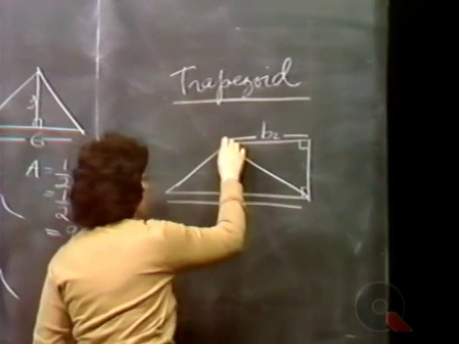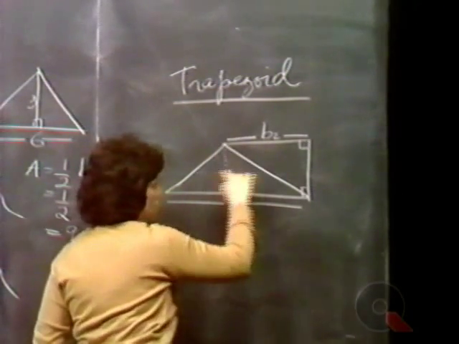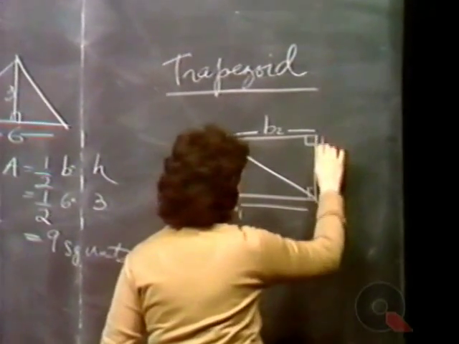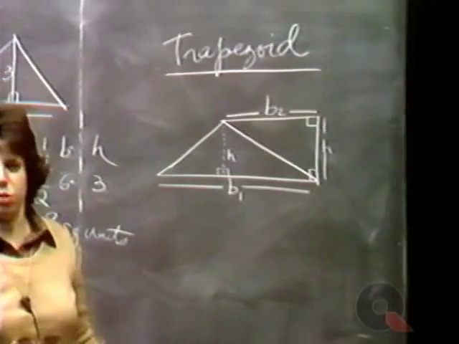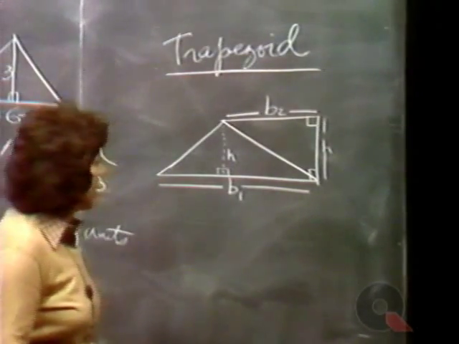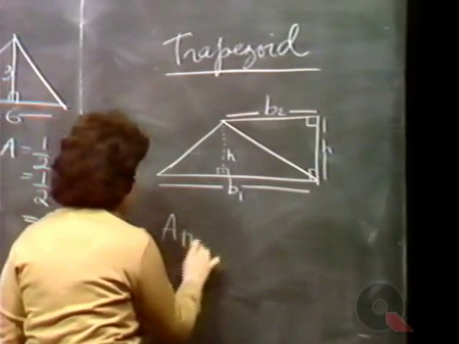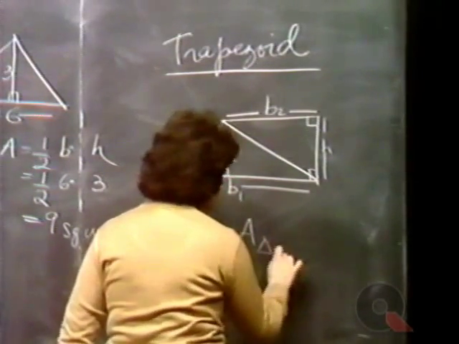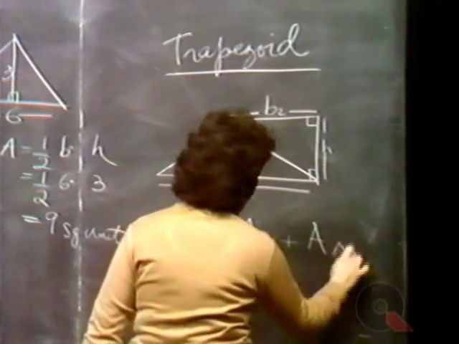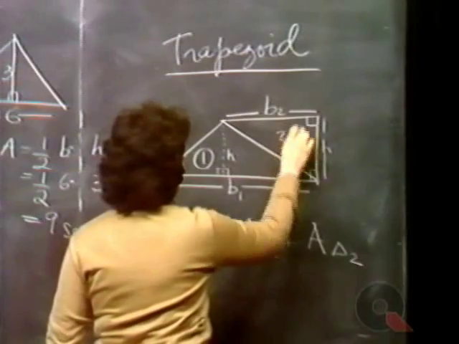The height of this triangle is H, which of course is the same as the height of this triangle, since these sides are parallel and therefore the same distance apart. So we have 2 triangles. The area of the trapezoid is equal to the area of triangle 1 plus the area of triangle 2. This being triangle 1, this being triangle 2.